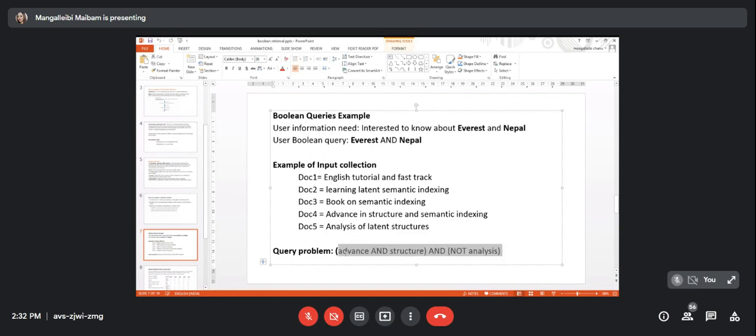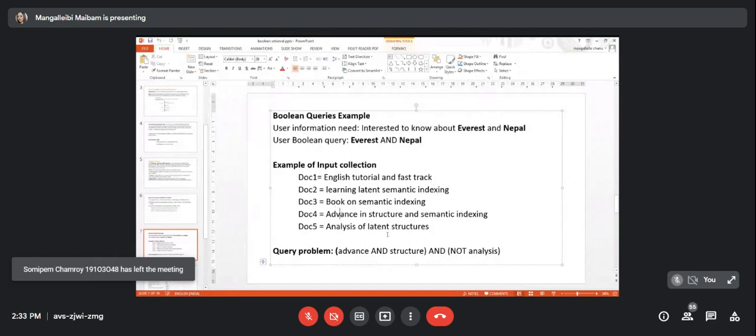Since we have only 5 documents here, we can easily check each document manually. So advanced and structure: advanced is there in D4, structure is there in D4. So this query will return D4.